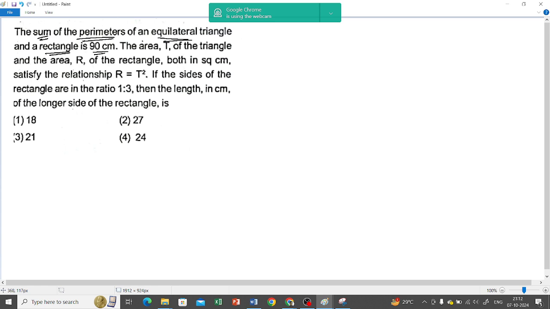Equilateral triangle perimeter কি হয়? ধরো equilateral triangle সাইডটা হচ্ছে a, so what will be the perimeter of it? 3a. Now say for example the length of the rectangle is l and breadth is b, what will be the perimeter of it?